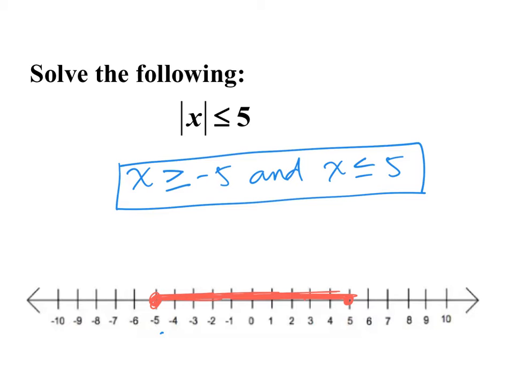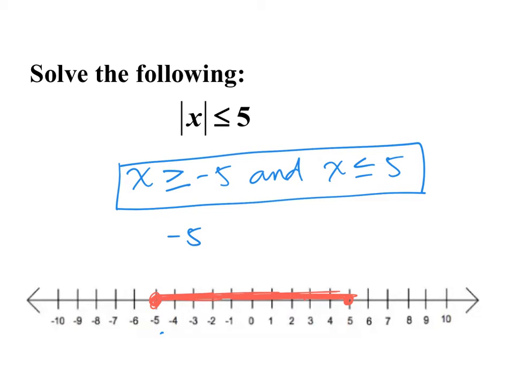And let me add also that on these problems where we're looking at absolute value inequalities that are less than, we're looking at the intersection of two sets, all the numbers that are bigger than or equal to negative 5 and less than or equal to positive 5 at the same time. We can write our solution like this, but for these problems, where you shade in the middle of the number line, we could also write our answer as a compound inequality.